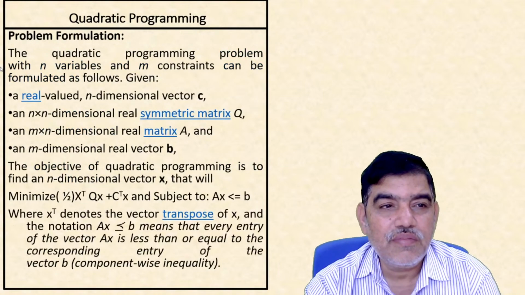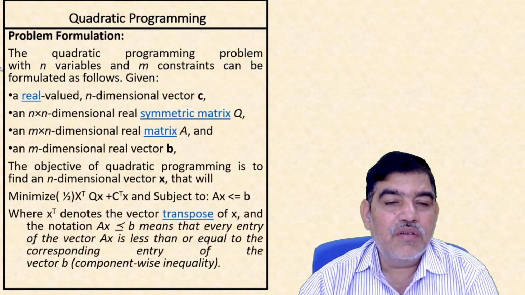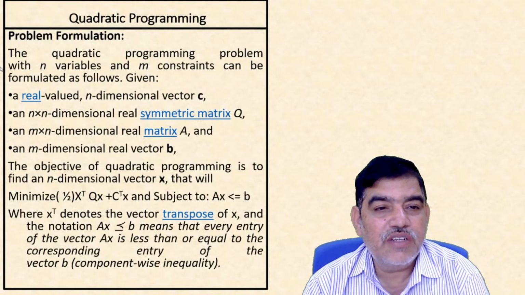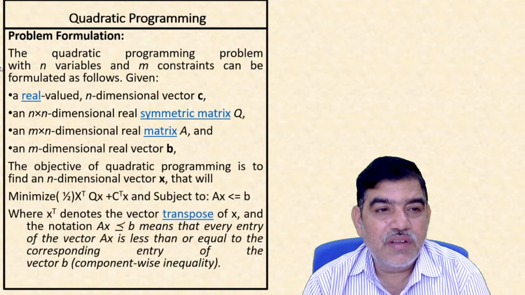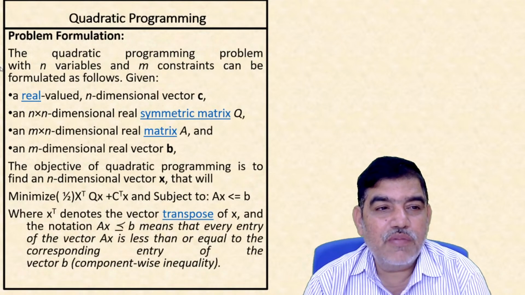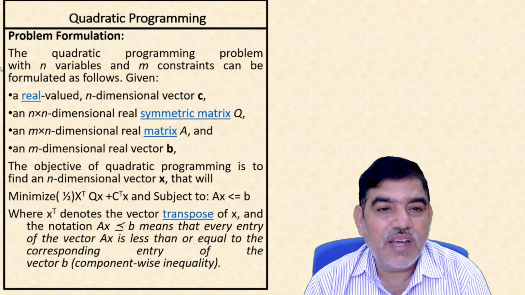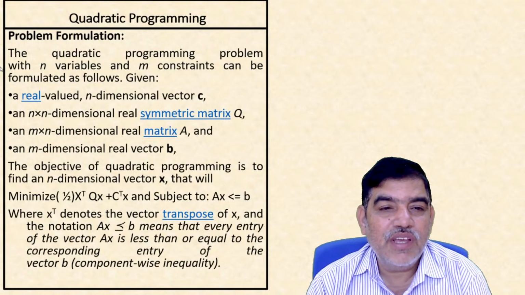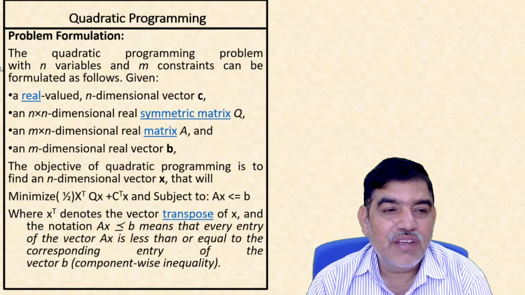Quadratic programming formulation process. The quadratic programming problem with n variables and m constraints. Let us consider there are n variables x1, x2, x3 up to xn and m constraints, that is a1 of x, a2 of x, a3 of x up to am of x, can be formulated as follows.